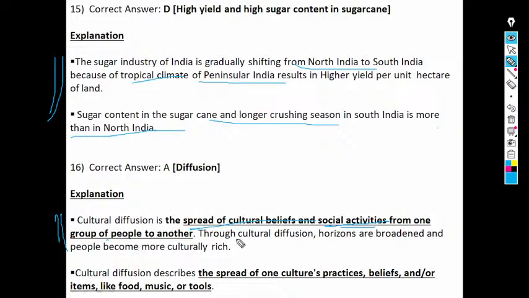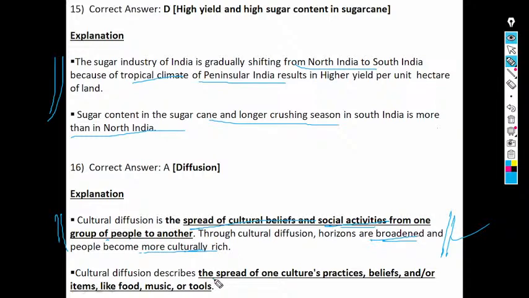Through cultural diffusion, horizons are broadened and people become more culturally rich.